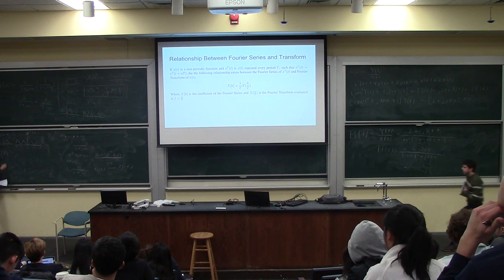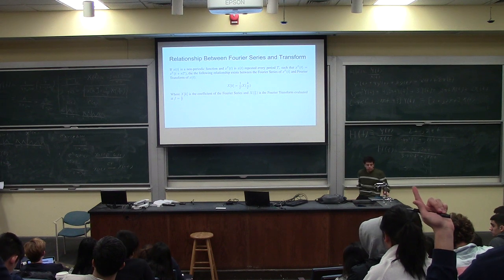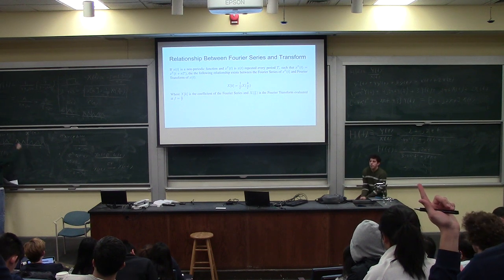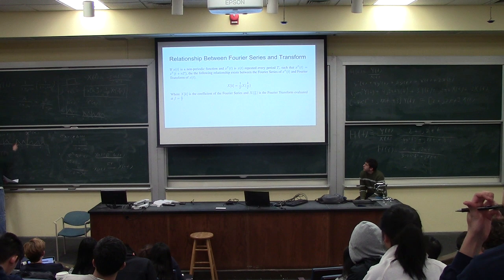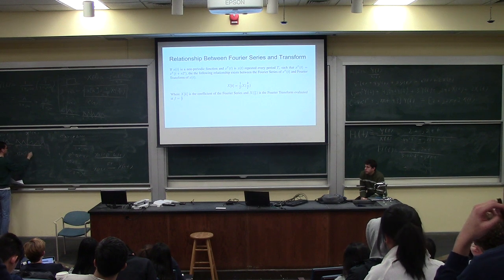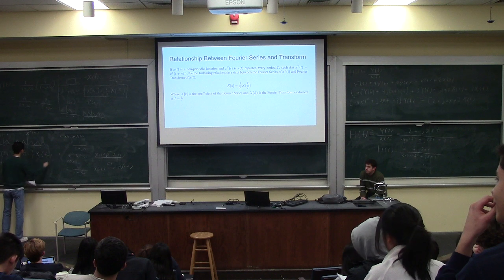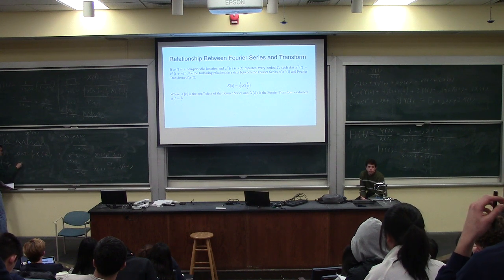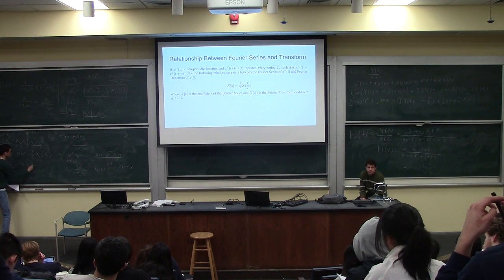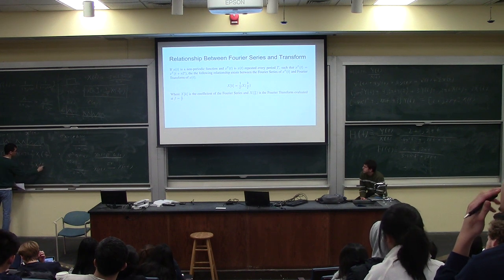And from the Fourier series, if you let f equals k over T, then you can use that equation to find the coefficients for your Fourier series, which is just x of k equals 1 over T x of k over T. To make this less confusing, it's a_k equals 1 over T times the Fourier transform at k over T.